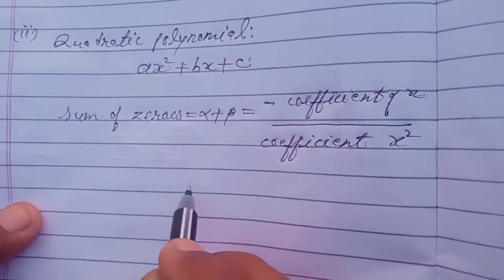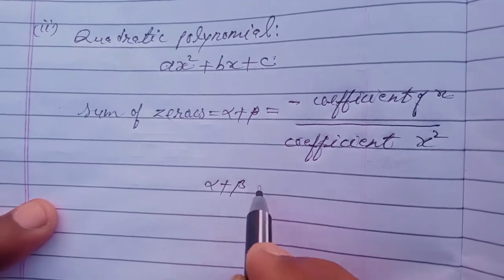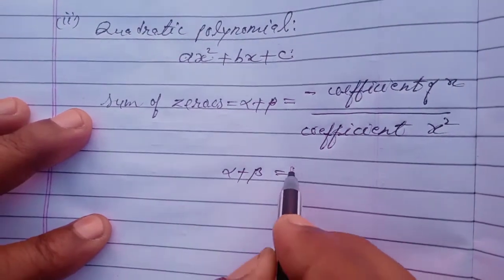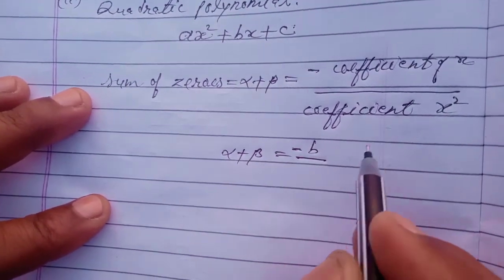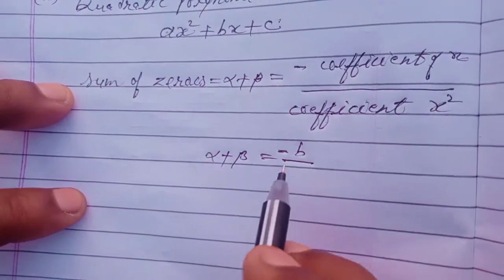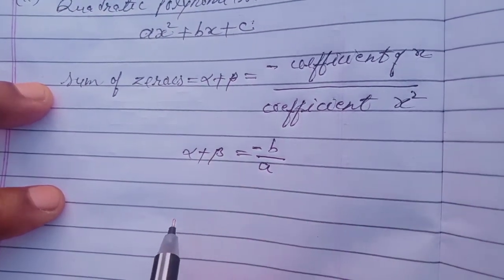The coefficient of x is b, so minus b, and the coefficient of x square is a, so minus b upon a.